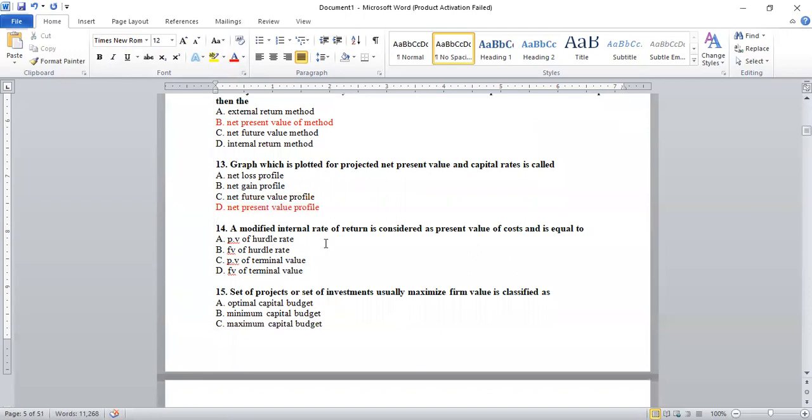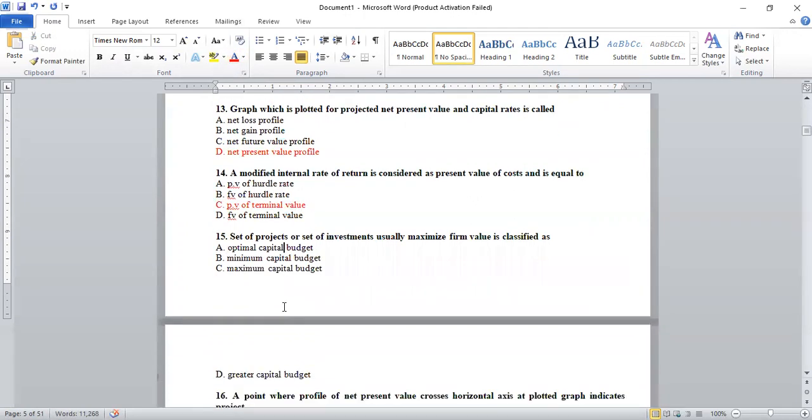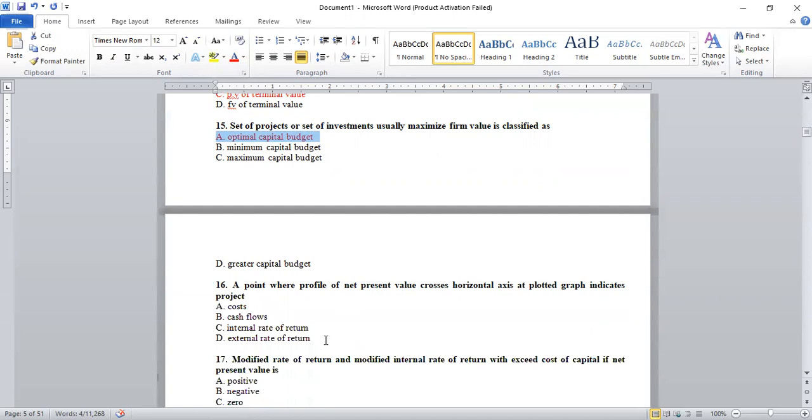A modified internal rate of return is considered as present value of costs equal to present value of terminal value. A set of projects or investments that usually maximizes firm value is classified as optimal capital budgeting. Question 16.